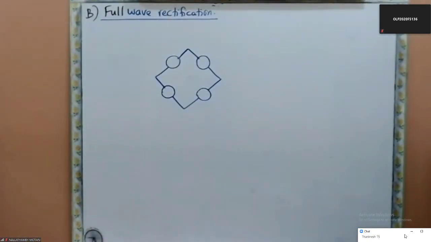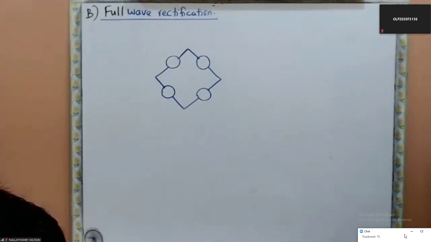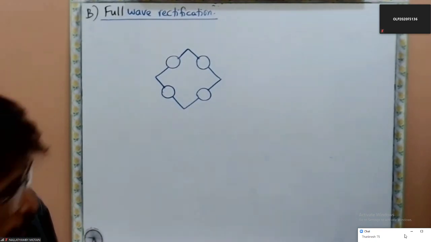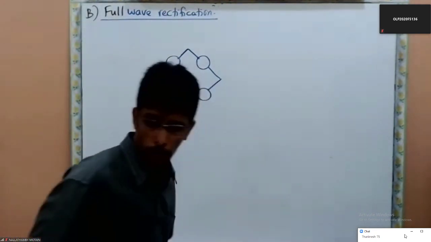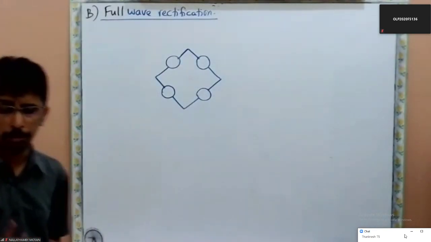Okay, 4 circles. Now you're going to draw the 4 diodes so that you can get a full wave rectification.